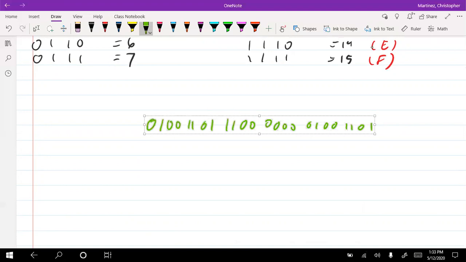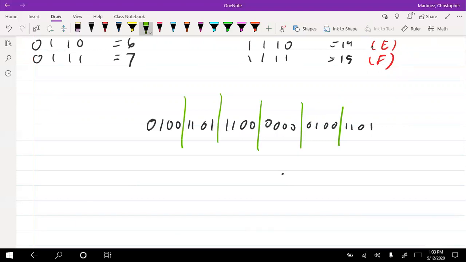So I'm going to take this item and I'm going to say, okay, 1, 2, 3, 4. That's one chunk. You always start at the right side. Another 4 bits, another 4 bits, 4 bits, 4 bits. Okay, so we have these groupings.